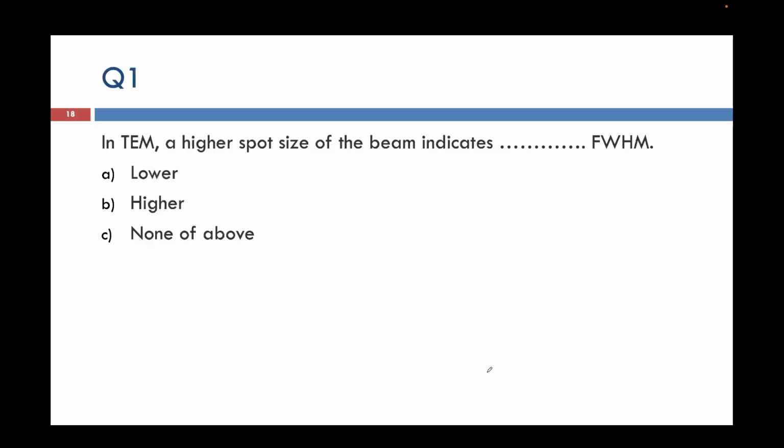FWHM means full width at half maximum. So higher spot size means my spot is getting bigger and bigger.